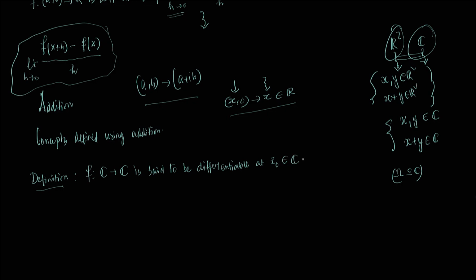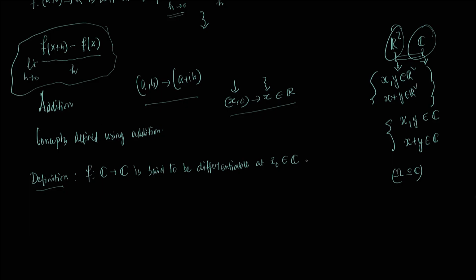If you are defining it from omega, which is an open set in C, then z naught will be in omega. I'm not writing that part; I'm just assuming here it is the whole of C, so we can move on.